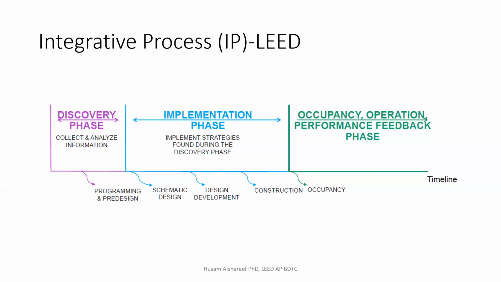Then we move on to the 3rd phase, which is the occupancy, operation, performance, and feedback phase. And this is the equivalent of occupancy from the conventional method, but actually we take it beyond that because we involve operation and performance feedback.